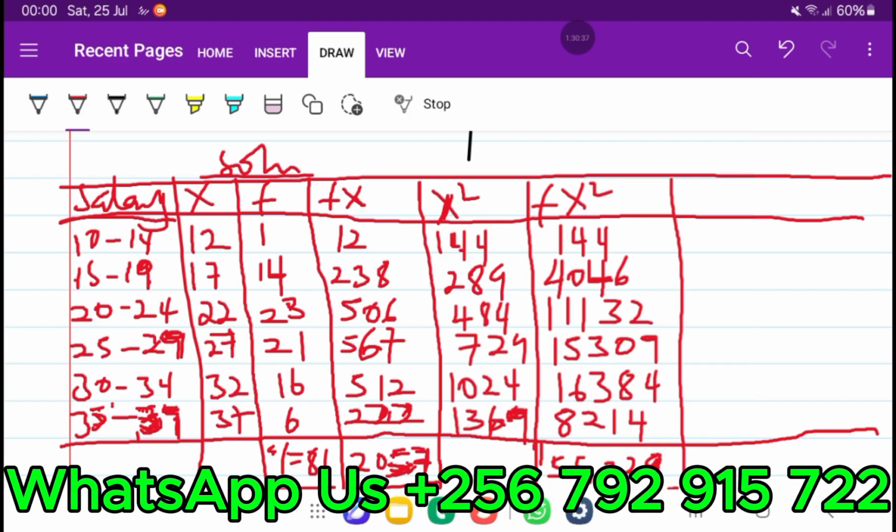If you want to use the other methods, you can now get x minus x bar, then you get x minus x bar squared, and f times x minus x bar squared.